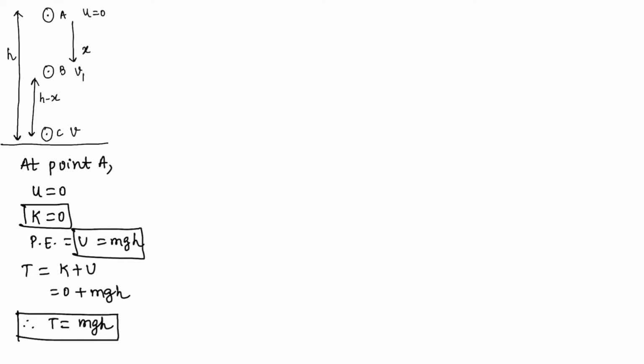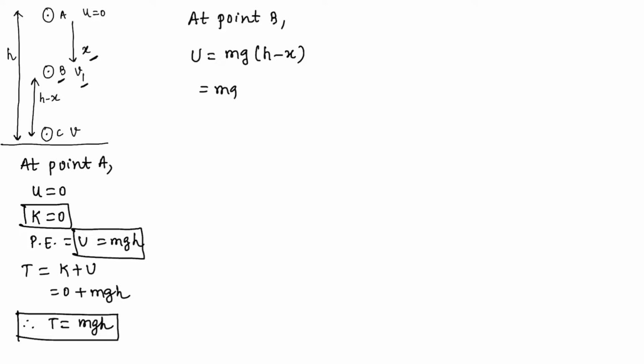Now if we allow this object to fall freely under the effect of gravity, after covering distance x, it reaches point B, and at that time its velocity, let us say, becomes v1. At point B, the height of the object from the ground is h minus x, and since the height is h minus x, we can find the potential energy as mg(h minus x).